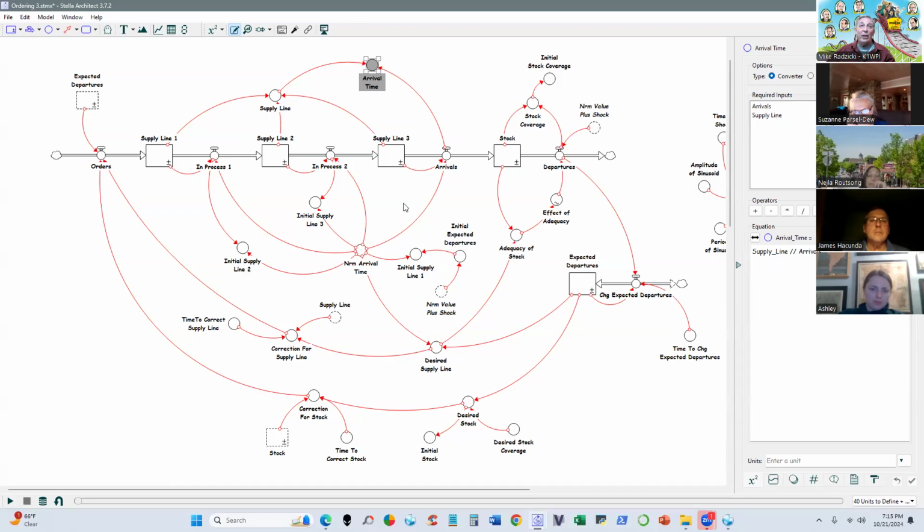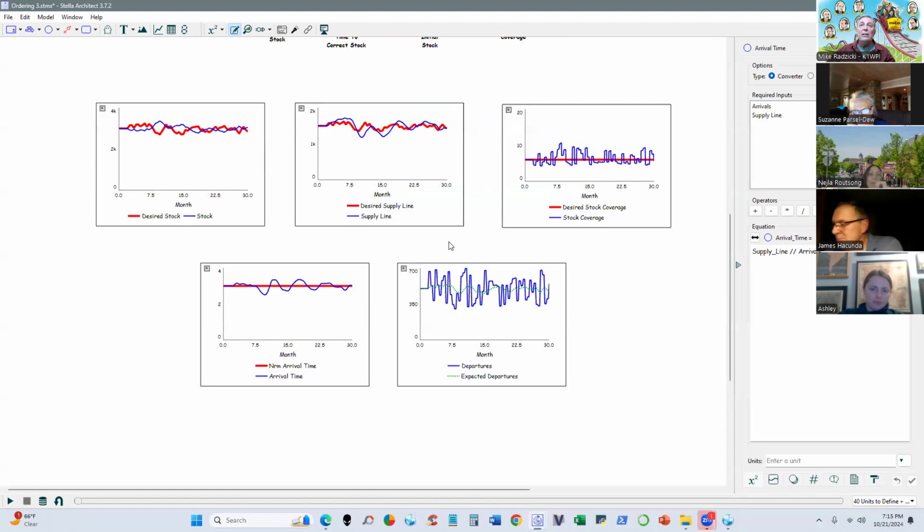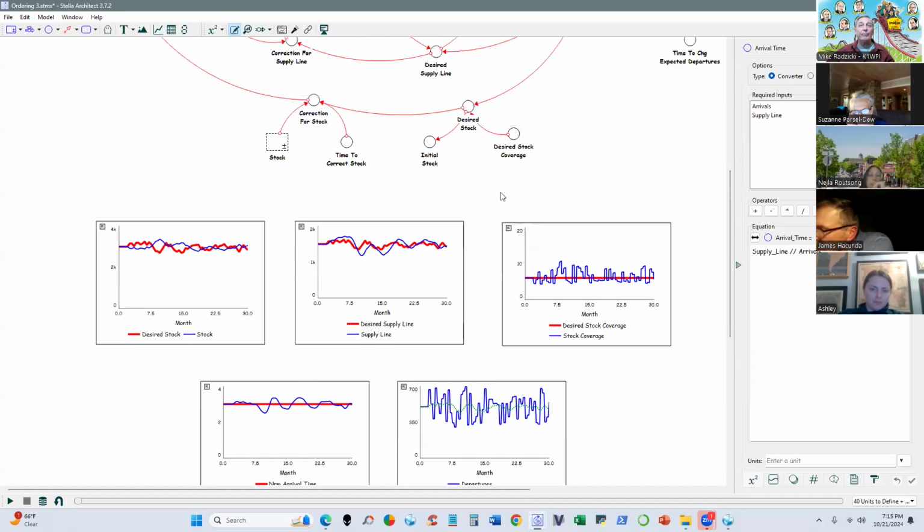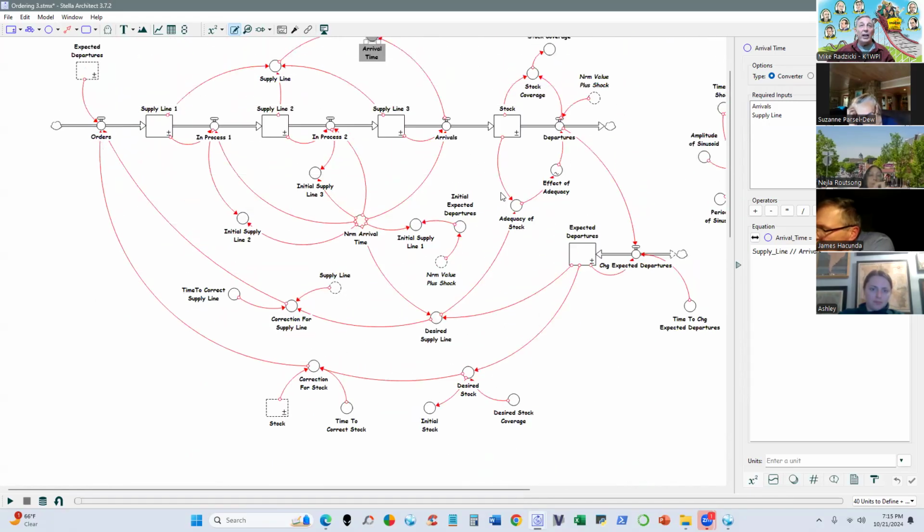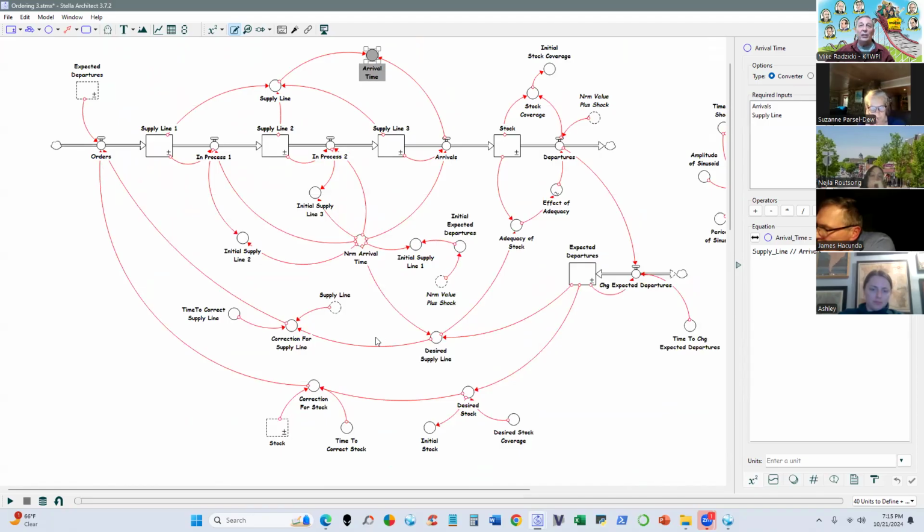Okay, so we have your normal arrival time and your arrival time. Yeah, normal arrival time and arrival time down here. Okay, what else do we got going on here? So we have the desired supply line. That's similar to before.